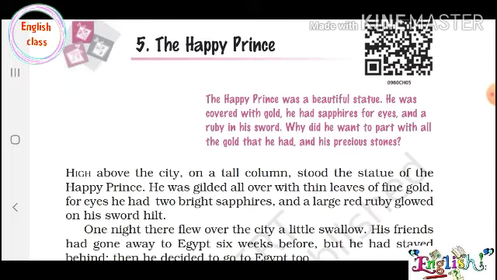So before coming to this story, let us discuss the title, The Happy Prince. The present story is about a happy prince. When the happy prince was alive, he was very happy and cheerful because he used to live in a palace and he had never seen sorrow and misery in his life.